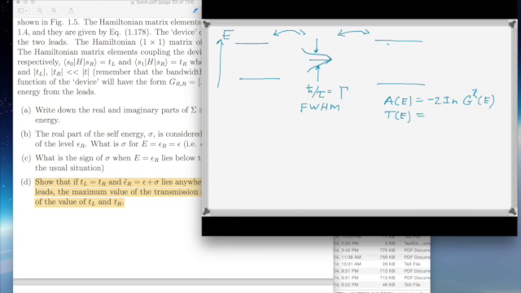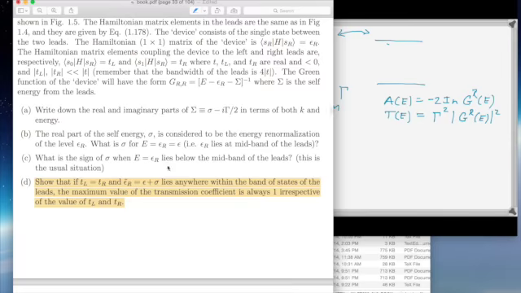In this case, it's just going to be gamma left, gamma right, and since we set it as symmetric, it's gamma squared, because gamma left and gamma right are the same, times G squared, the magnitude of G on that one site, squared. And so it becomes very simple as we look down here.